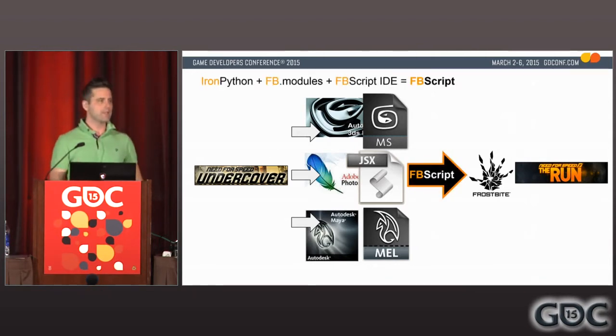And we'll look at actually how to implement this in just a moment. But this was the solution that we came up with. It was IronPython plus a thin layer, a thin layer instead of an API, and an IDE. And that's what we call FBScript.